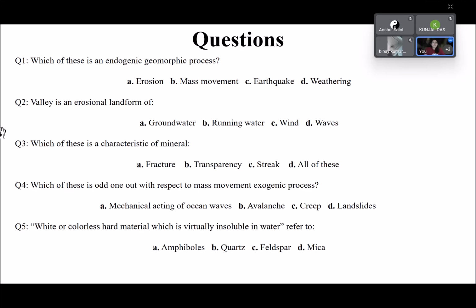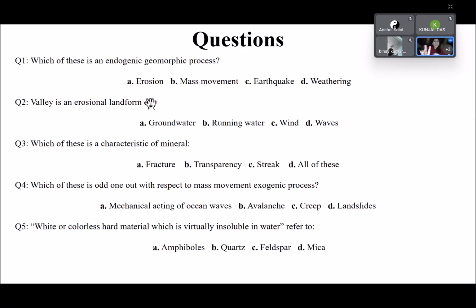So when you revise, I can see all the questions are something that I've talked about already. You have a question which talks about which mineral this is, so you need to be careful about that. Then there is a question that says a valley is an erosional landform. So here you can have 3 kinds of questions.